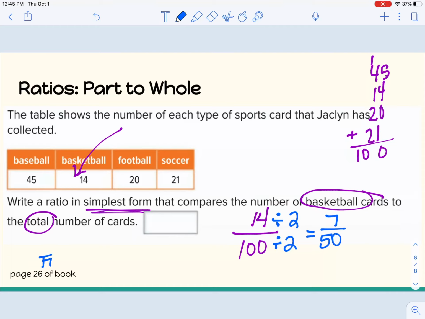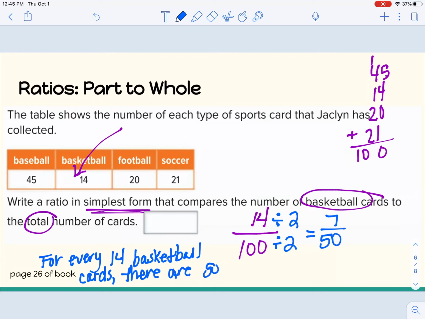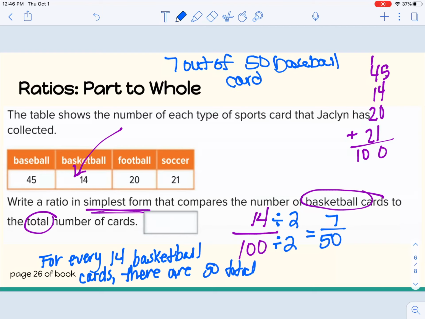Okay. So the meaning, we could say for every 14 basketball cards, there are 50 total. We could say 7 out of 50 baseball cards.